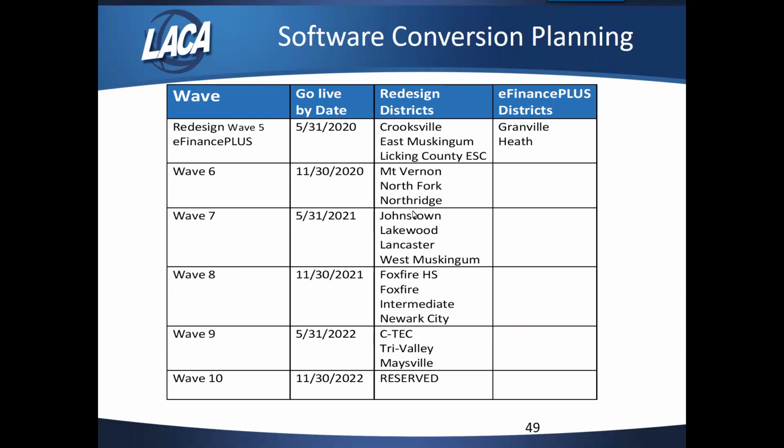The schedule for LACA's wave conversion and migration is on the screen now. So the wave that starts in July and with the go live date prior to December would be Mount Vernon, North Fork, and North Ridge.